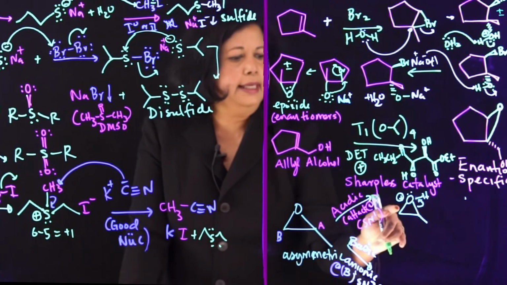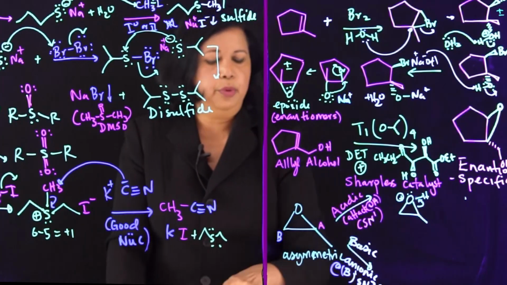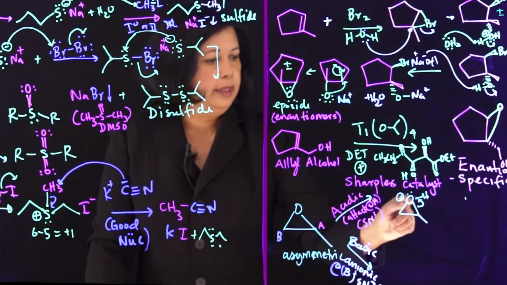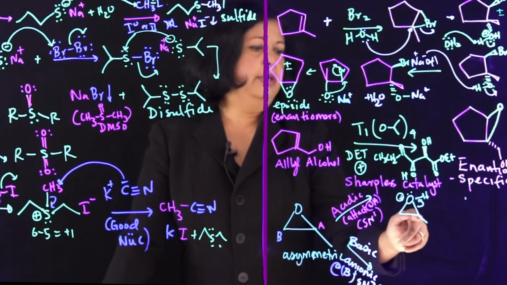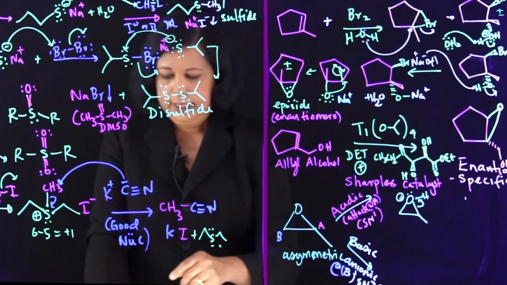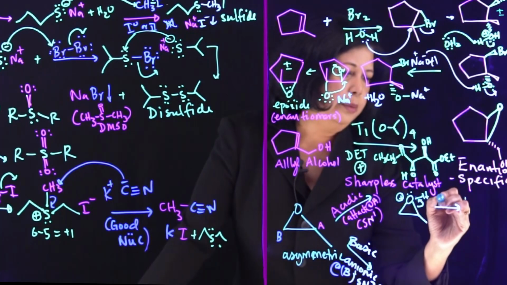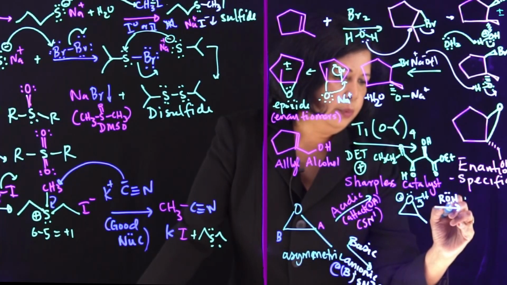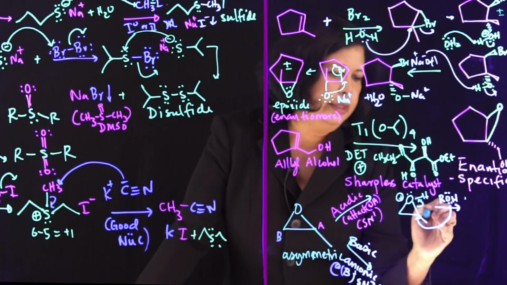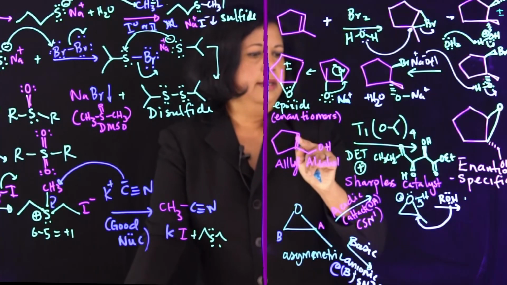You don't want to break it here and create like a primary. If you break it here, it'll be more like secondary, or if you have 2 groups, it'll be more like tertiary. And so therefore, your incoming group, let's say an ROH, so this is another way of making ethers, is going to go here and push that up.